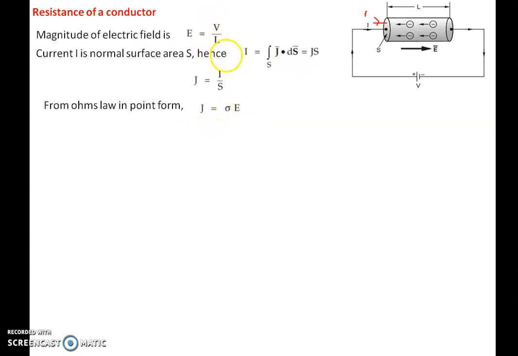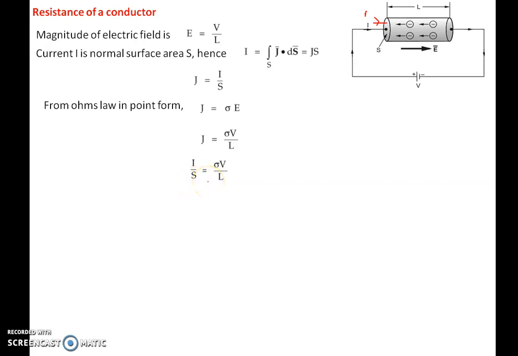We know that E is equal to V by L. Substituting here, we get J is equal to sigma into V by L. From this, J is equal to I by S. Substituting J is equal to I by S in this equation, you will get I by S is equal to sigma V by L.